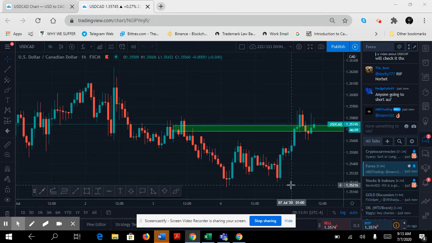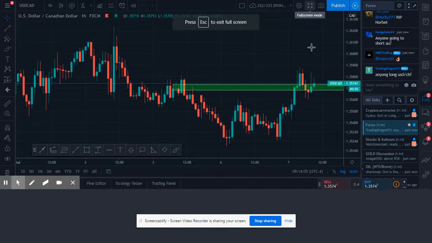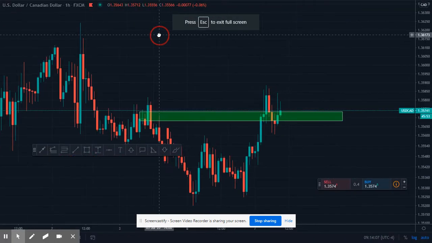We had a successful trade session last night and early this morning. Targets were hit on the US dollar, Canadian dollar. It was a really pretty good trade setup. I'm on an hourly chart.